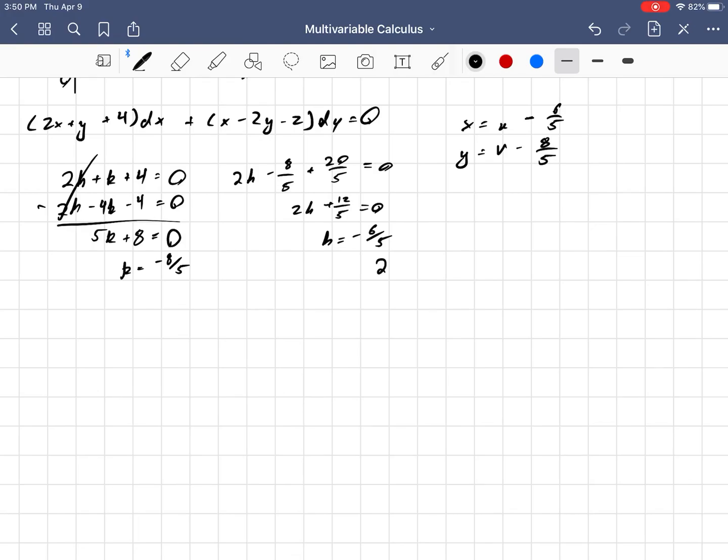I know right off the bat from the way I set up my equations that I get 2u plus v du plus u minus 2v dv, because we're on the new axes, and that's equal to 0.